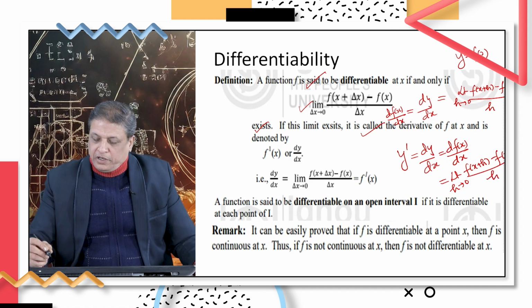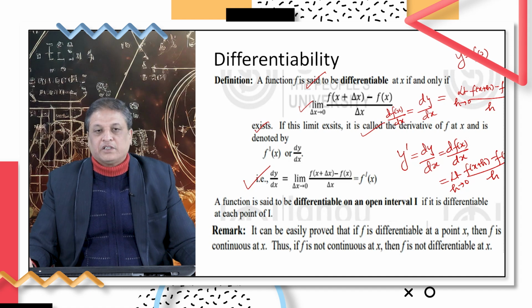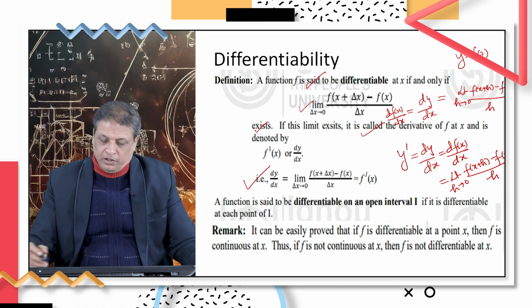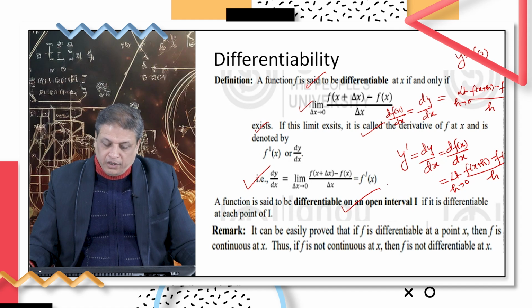If h is replaced by delta x, then you have dy by dx equal to the limit as delta x tends to 0 of f(x plus delta x) minus f(x) upon delta x, which is nothing but the first derivative. So the function is said to be differentiable in the open interval I.